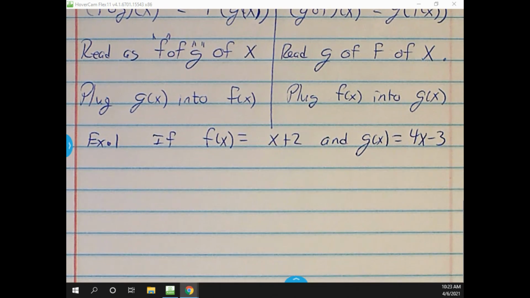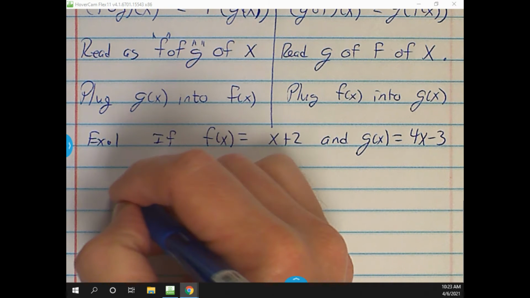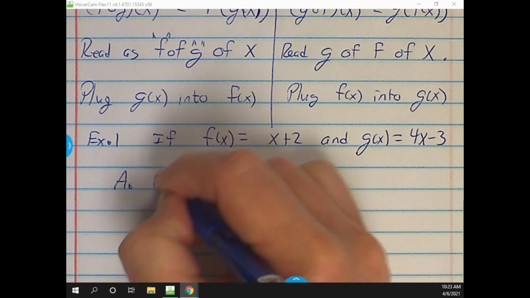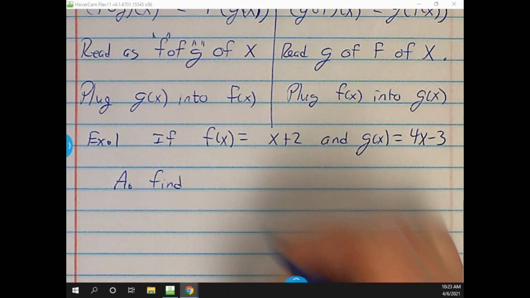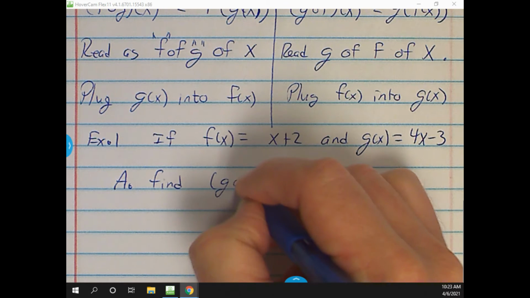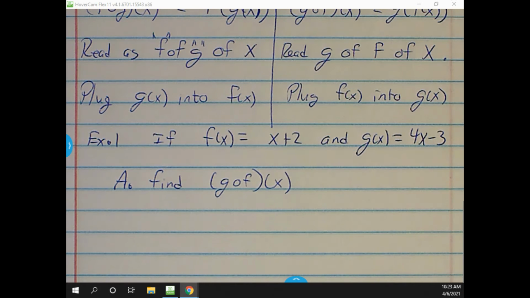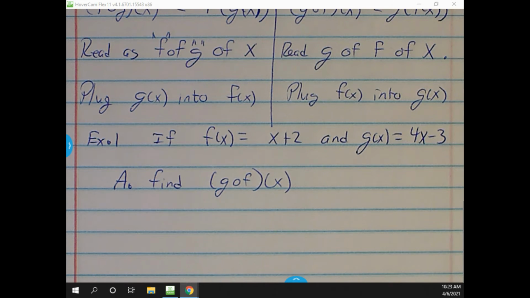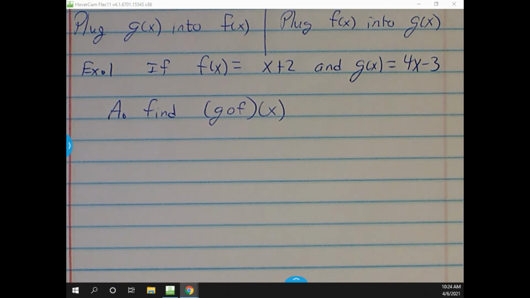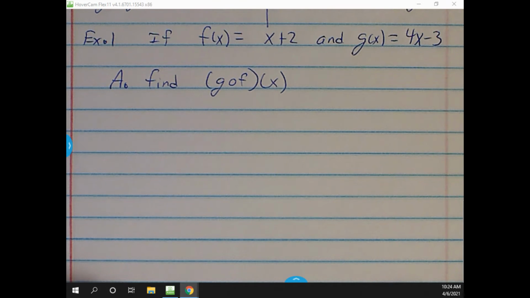We're going to find f of g of x, then we'll find g of f of x. So they'll give you the two functions. Here's f of x, here's g of x, and then they're going to tell you to find some. I can't remember some of the questions. It may ask you just to find one. Some may do both. So we'll go ahead and go through both of these here.